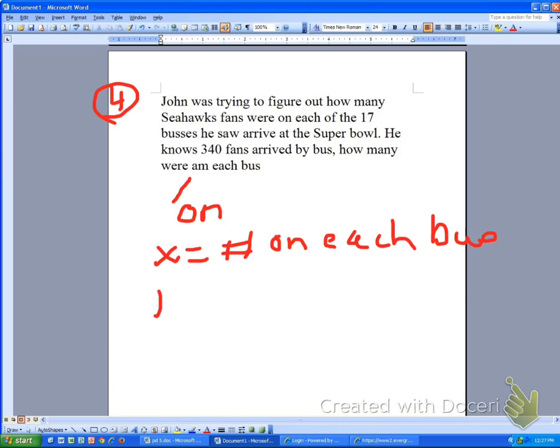So there were 17 buses. We don't know how many were on each bus, so 17 times the number on each bus is equal to 340. Turn the video off, solve it, and then check your work. So x is equal to the number on each bus.